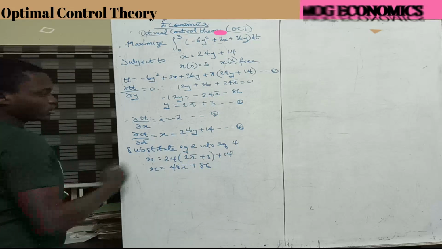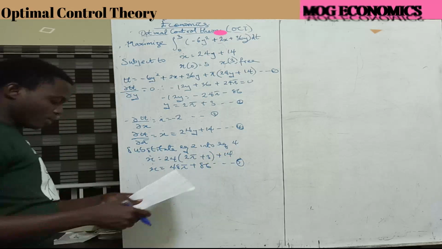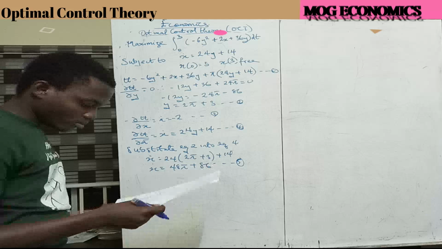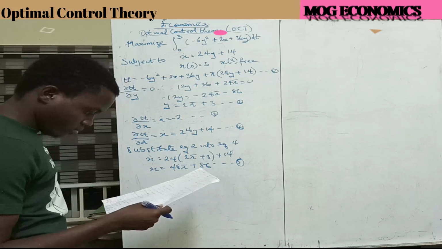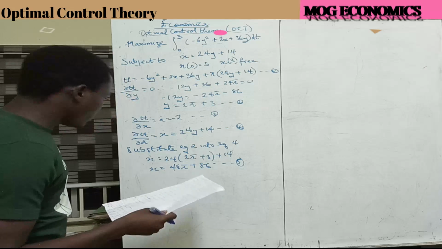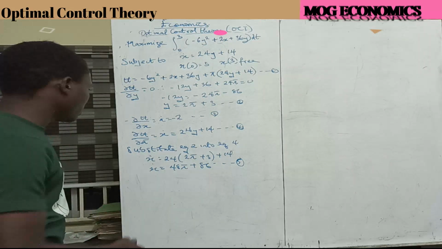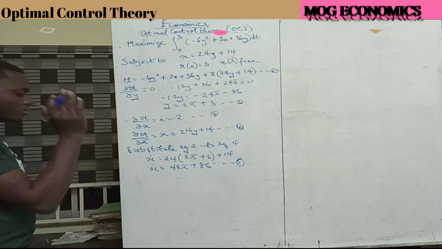So this is equation 5. Now let me cross check. Okay, the next thing is this lambda guy. We have to get just lambda out.